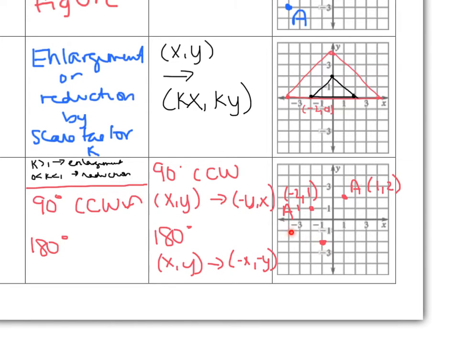This is the 180 degree rotation of the original A. But you could also check that by rotating this by 90, which would say to take the x coordinate, which was -2, and move it to the y spot, so that's -2, and move the y coordinate, which was 1, to the x spot, but also make it negative. So this was a 90 degree rotation of A, here's a 180 degree rotation of A, and here's a 90 degree rotation of A prime. Just another way to look at it.